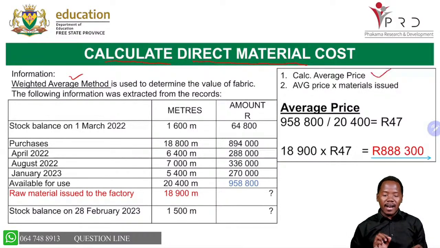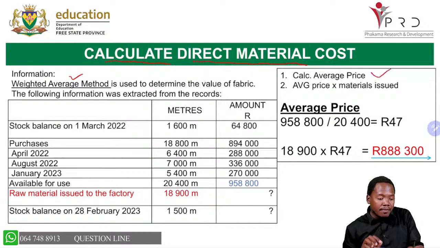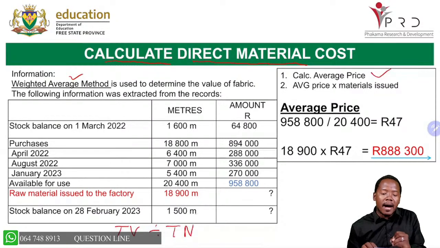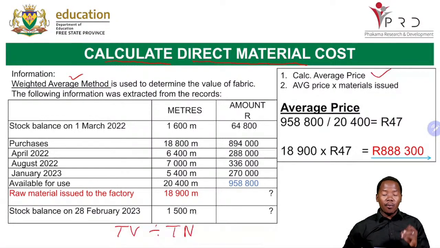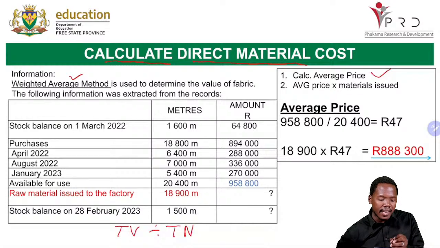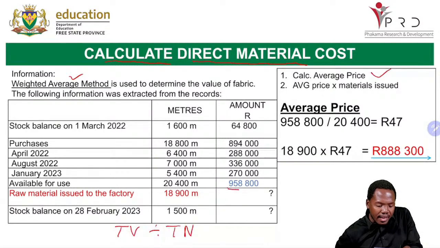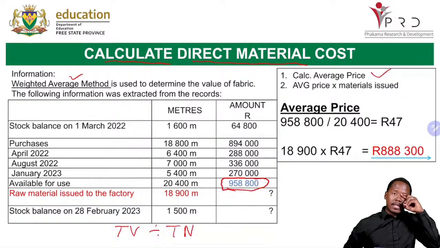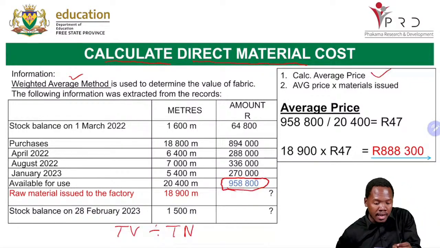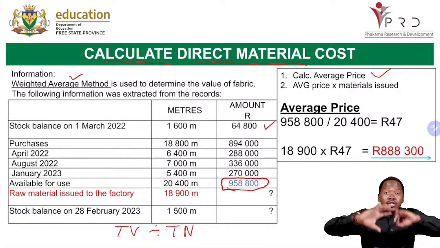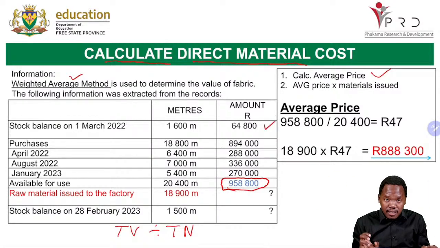Now, how do I calculate my average price? What would be my formula? My formula will say my total value divided by my total number. Okay, what is my total value? You can see in navy there, my total value of my stock. How do I get my total value? I will say my opening stock plus my total purchases.